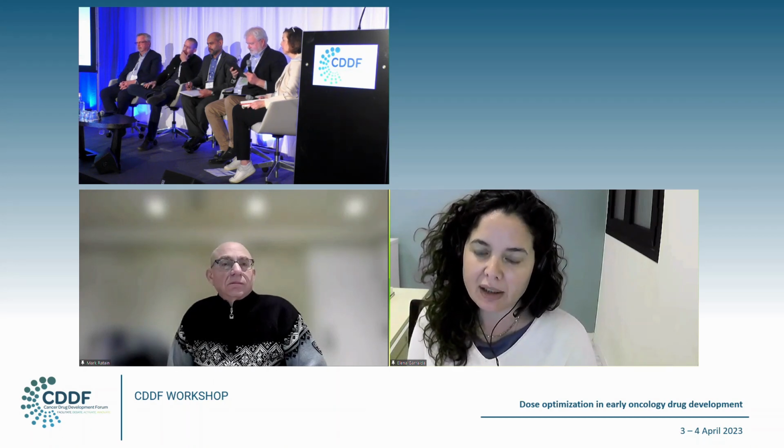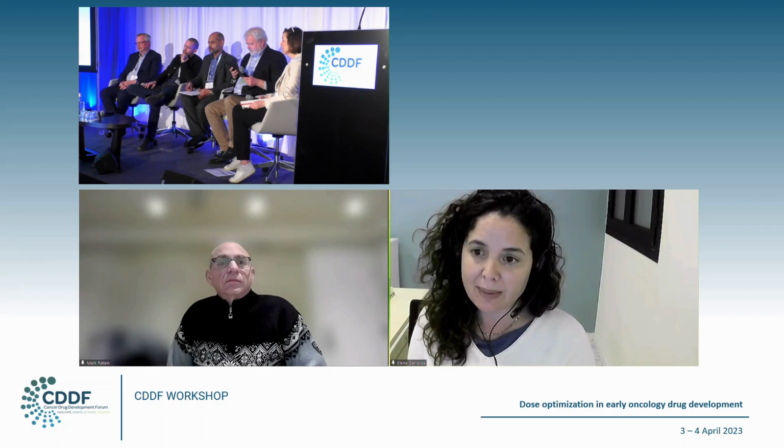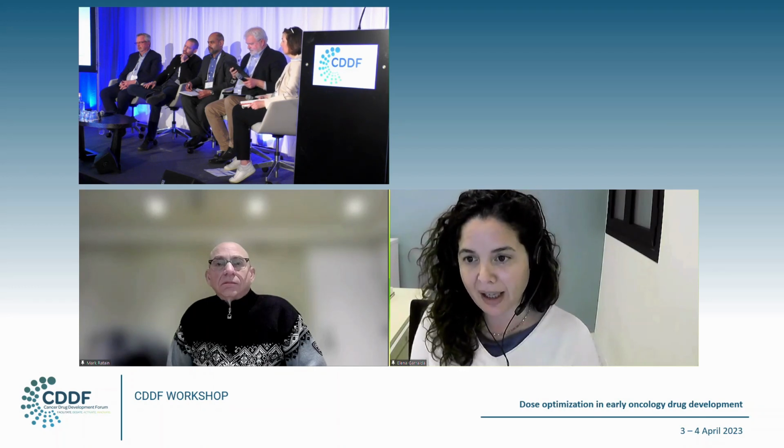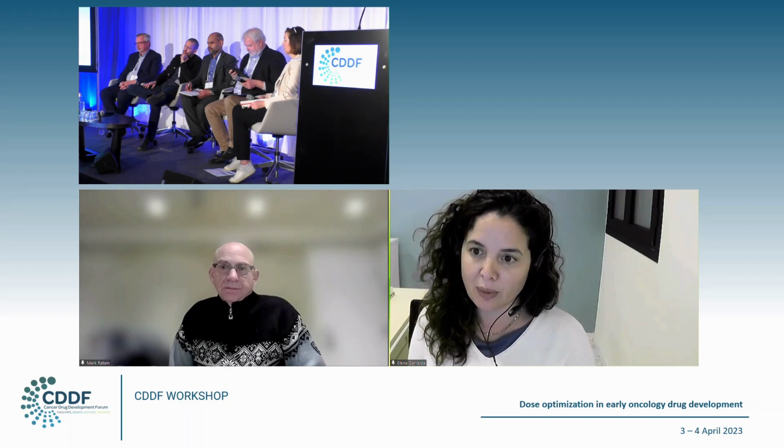I think it's key, and I don't remember who mentioned it, to have the flexibility in the protocol to allow for this to happen without amendments, because this, of course, delays everything. And sometimes it's something that we just do when we don't have any way out of it. But if we incorporate some language in the protocol and we incorporate this flexibility from the beginning, there's also going to be more willingness to do it from the beginning.